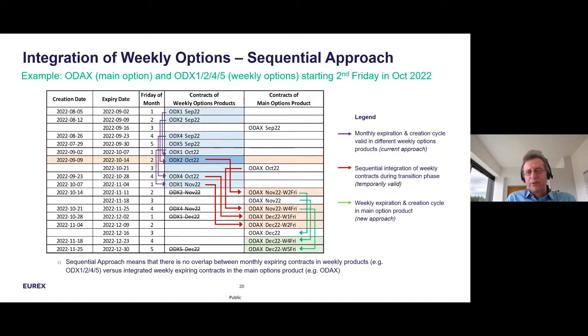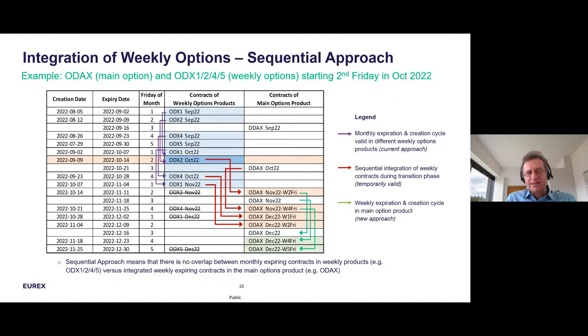One week later, we will do that again. In this case, these are the third Friday, the usual monthly expiring option in October. They will create 4th Friday expiring options as weekly expiring options in November. One week later, we have the expiration of the 4th Friday option in October.